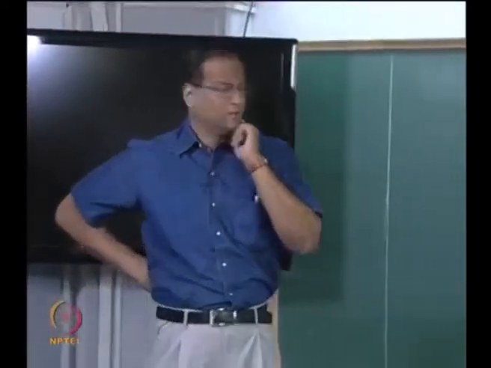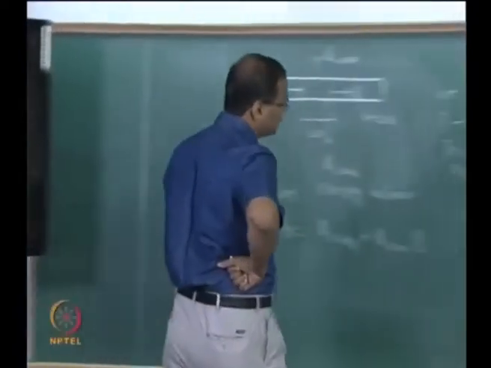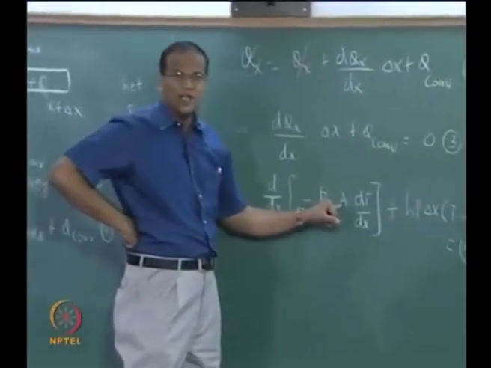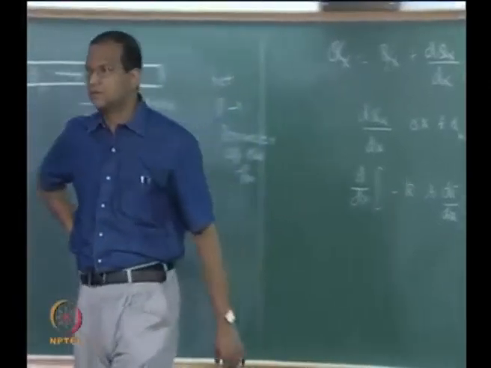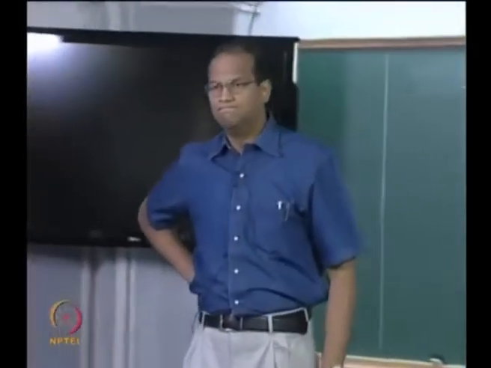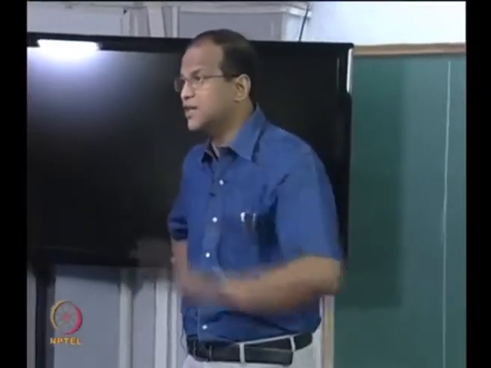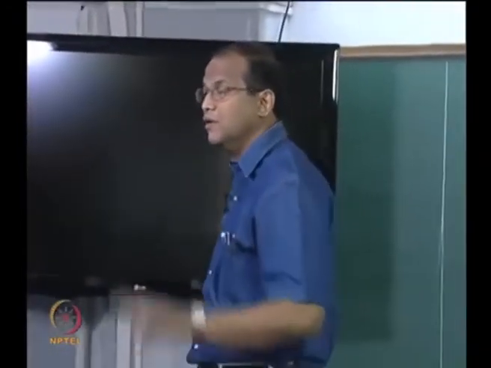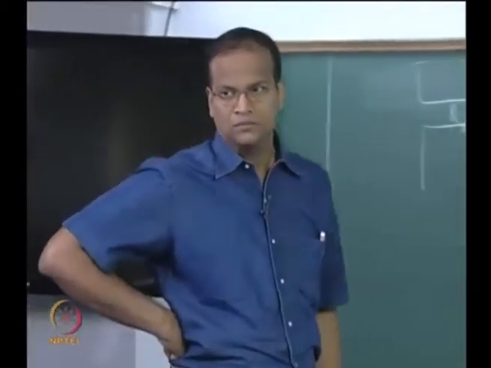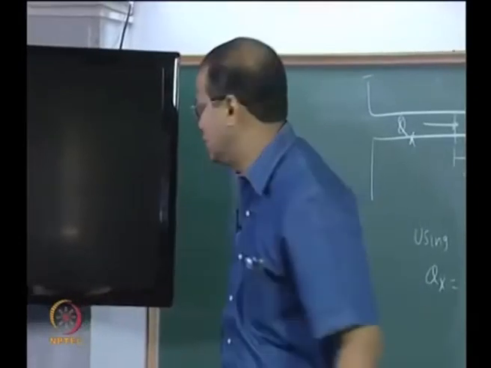The elemental area of that slice is P delta x. Watch out, A is the cross sectional area, K A dT by dx. Fourier's law is always for the cross sectional area, right? Newton's law of cooling is always for the surface area.